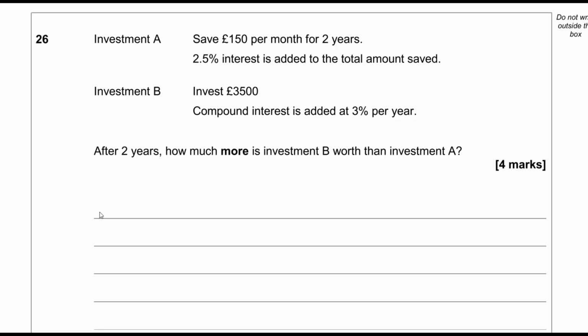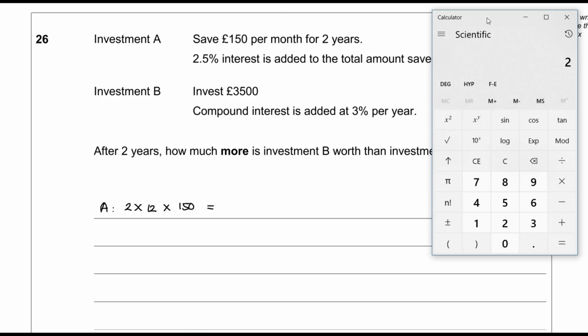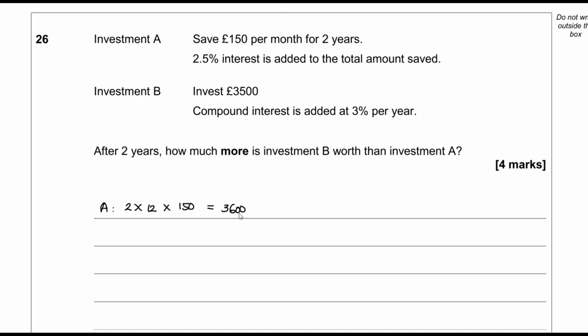Let's compare investment A and B. We take A first. If you save for 2 years times 12 months in a year, and then 150 every time you save, you'll get this number. 2 times 12 times 150, then you get 3,600 in pounds, and then the interest is 2.5% of your saving, that is 3,600.